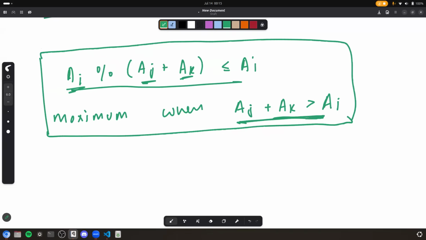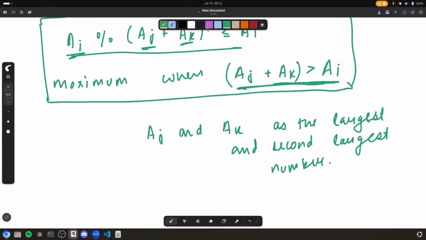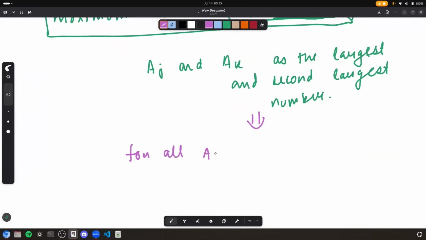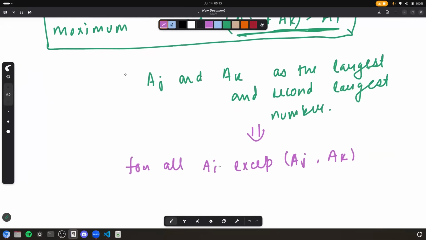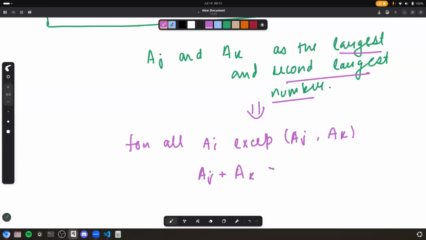So obviously, if we need to make AJ plus AK greater than AI, then we can simply choose AJ and AK as the largest and second largest numbers. What we get by doing so is that for all AI except AJ and AK, since we need to keep I, J, K pairwise distinct, AJ plus AK is always greater than AI.